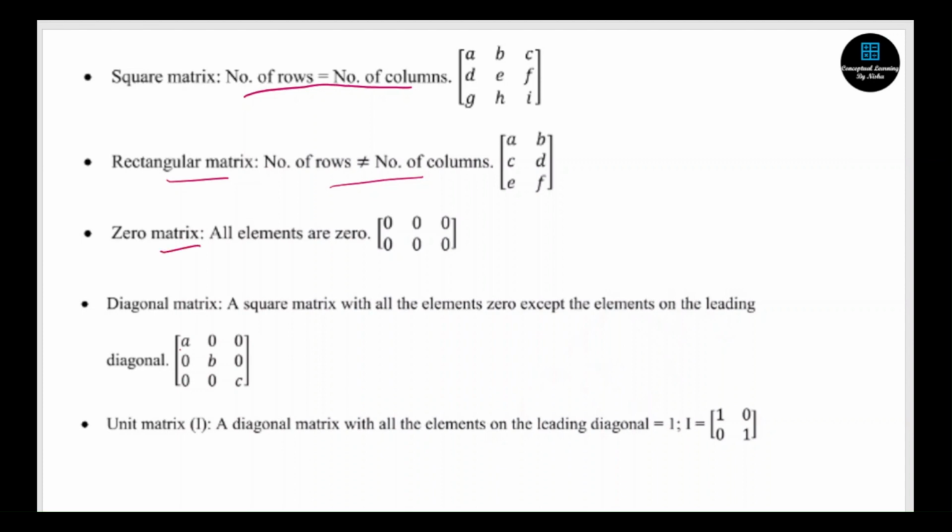When only the diagonal elements are present and the others are zeros, it is called a diagonal matrix. An identity matrix or unit matrix is a special kind of diagonal matrix where the diagonal elements are 1 and the other elements are 0.